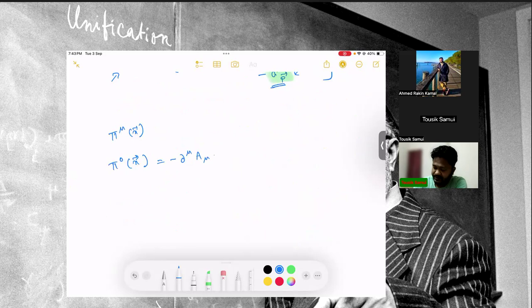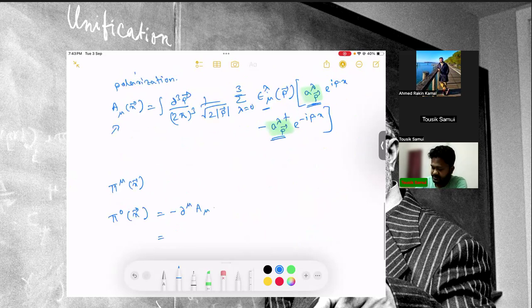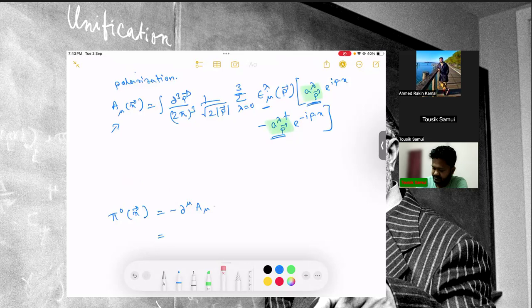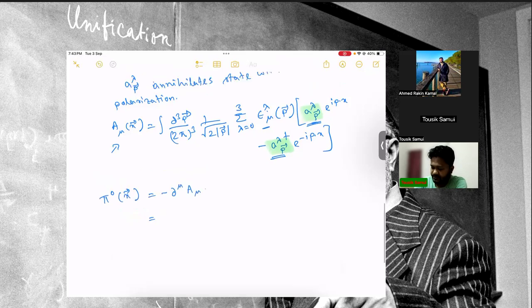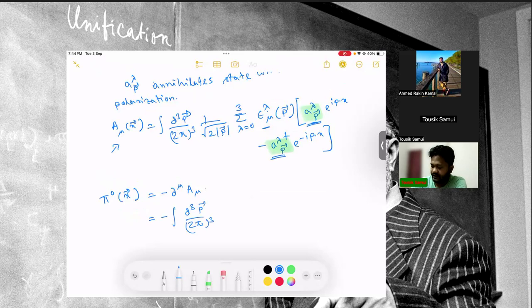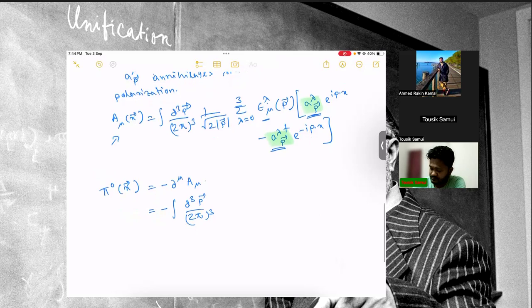So this is pi mu, and if we use this mode expansion to see what it will be, it will be minus, and this derivative will bring down p mu from the exponent.